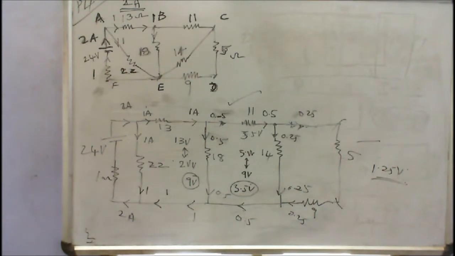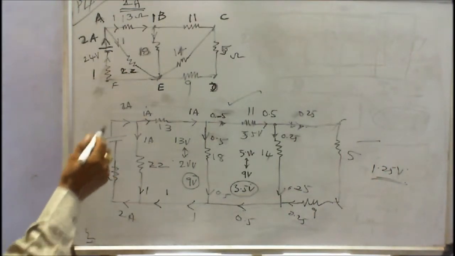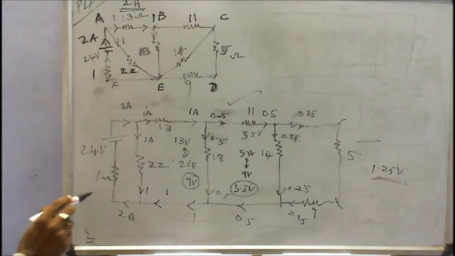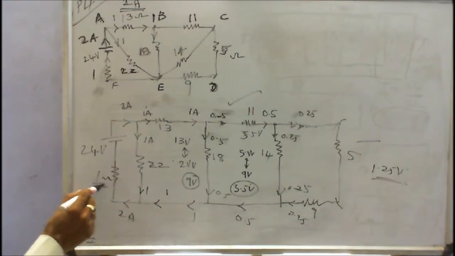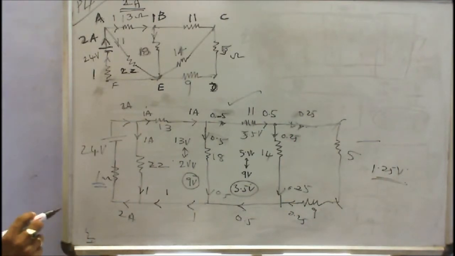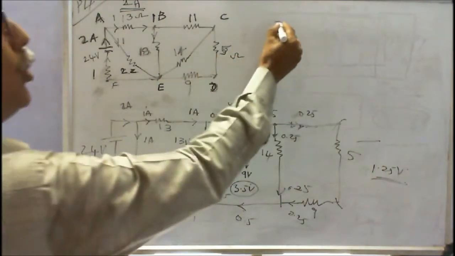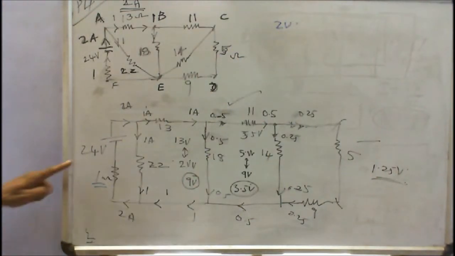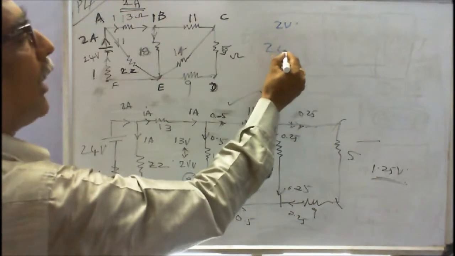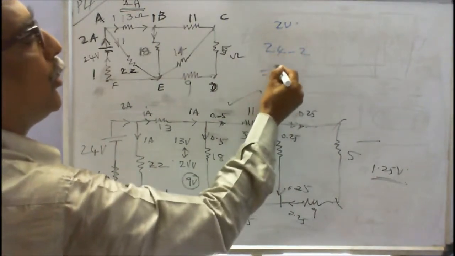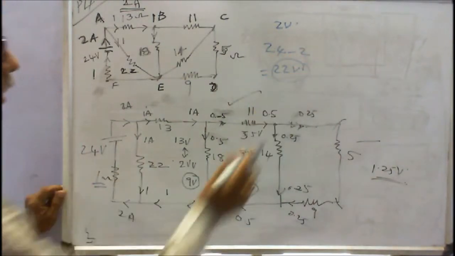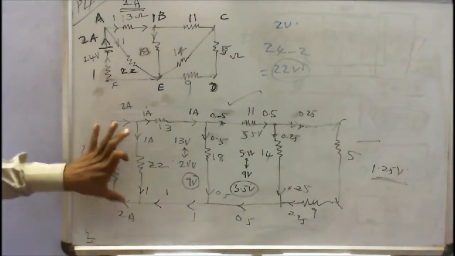Here first I know the current. Current is 2 amps. Therefore this 1 ohm is the internal resistance of the battery, we consider. Therefore 1 into 2, 2 volts drop. Therefore 24 minus 2 is equal to 22 volts. Here the 22 volts appear across this.